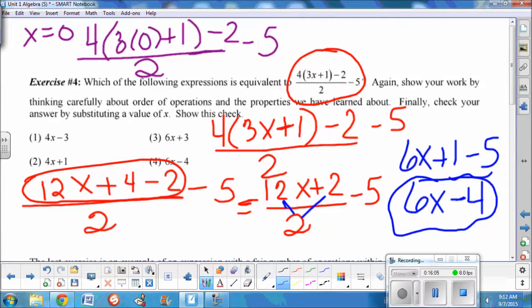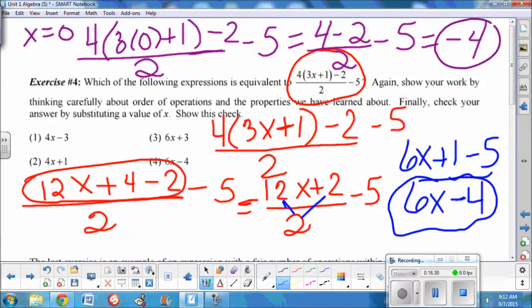So inside the parentheses, 3 times 0 plus 1 is 1. 1 times 4 is 4. I'm doing a lot in my head here. So I've got 4 minus 2 in the numerator, all divided by 2, minus 5. So 4 minus 2 is 2. 2 divided by 2 is 1. 1 minus 5, negative 4, is that original expression.